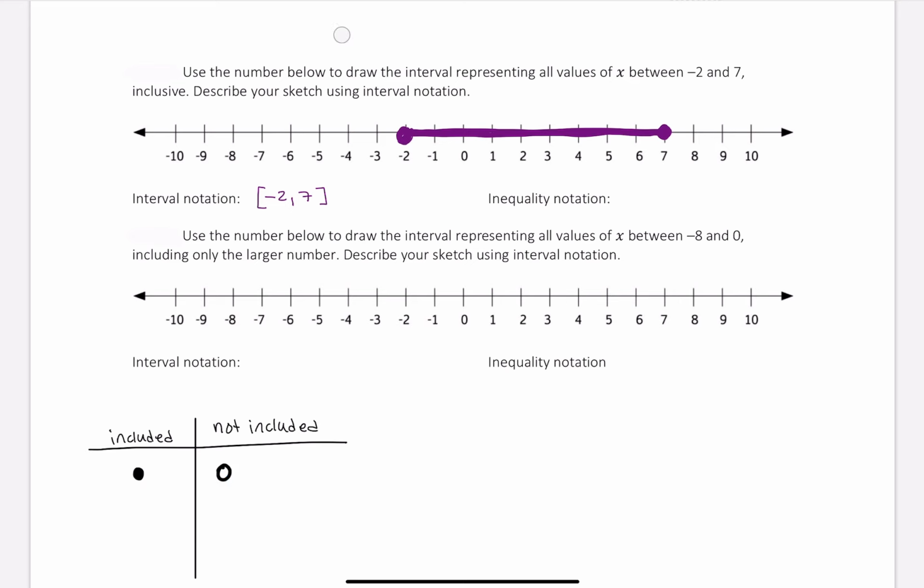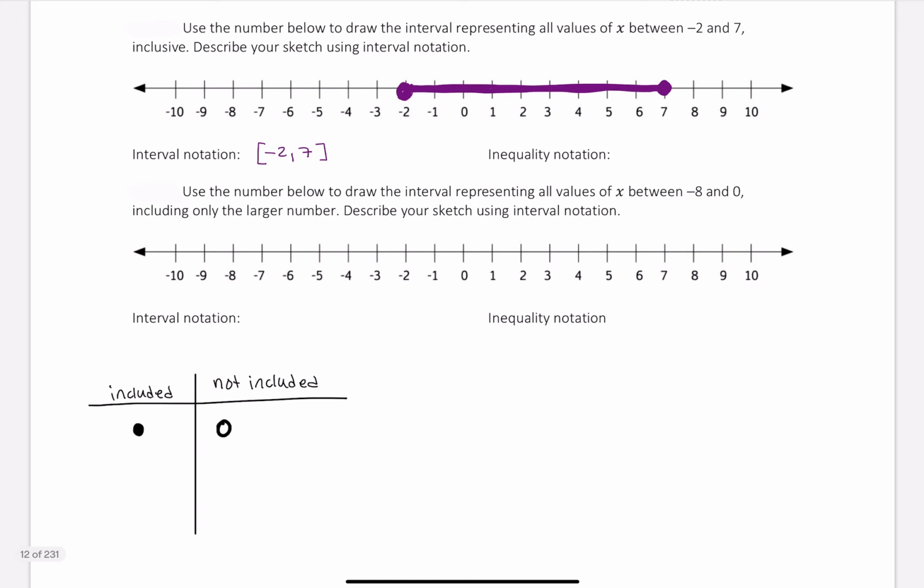And then when it comes to interval notation, included is brackets. So this bracket or this bracket. They don't necessarily have to face each other, so I'll put them one on top of the other. And then for not included, we use parentheses. So this is our little table to help ourselves out with this.